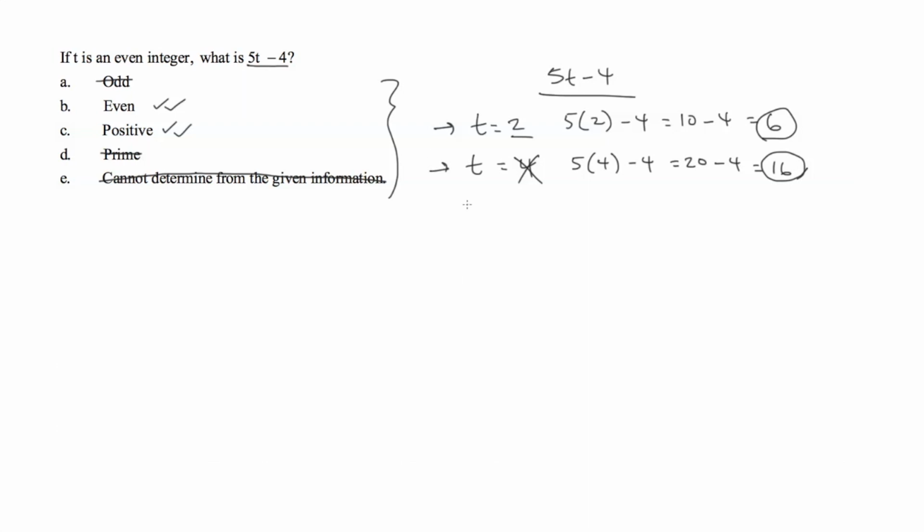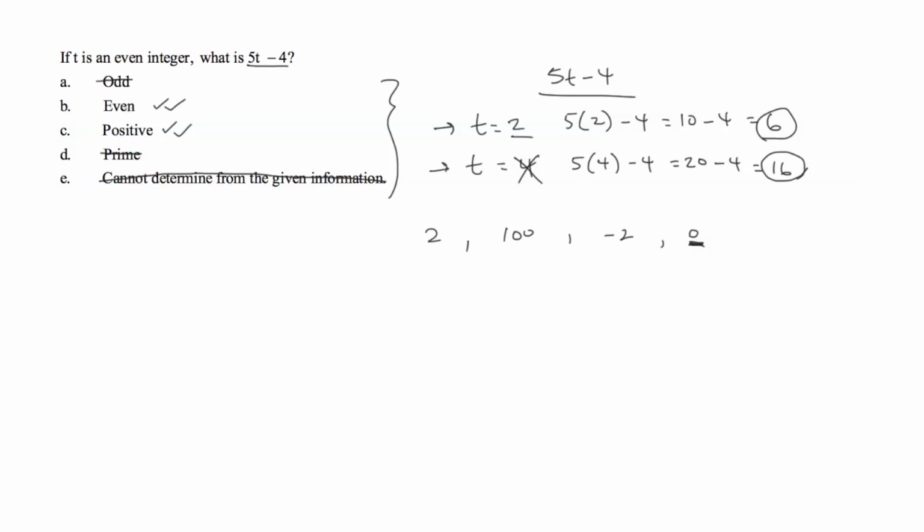So since we're restricted to t being an even integer, numbers that are probably good to choose are a small even number, maybe a large even number. Since we're dealing with integers, it could also be a negative even value, or also 0 is a good number to choose too, because 0 is a very special type of even integer.